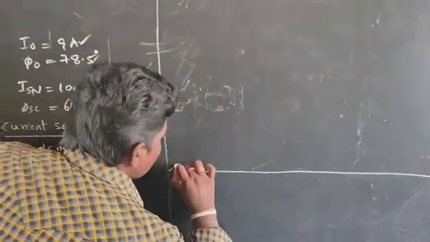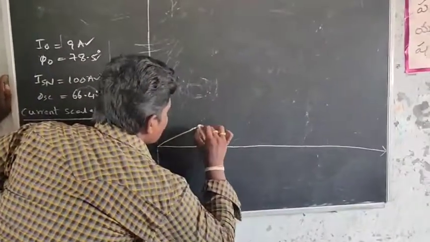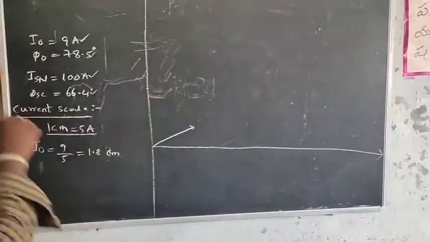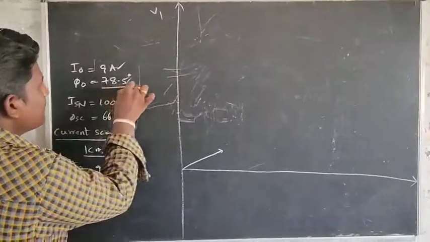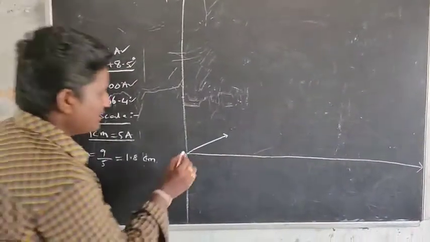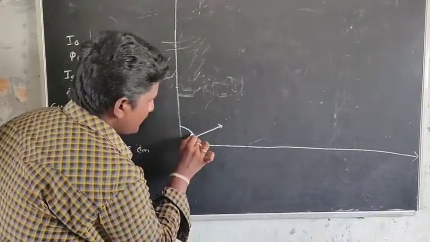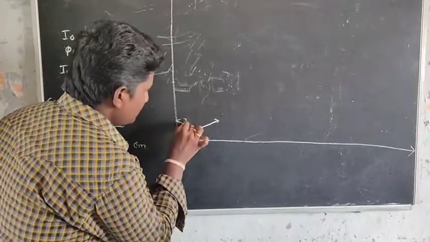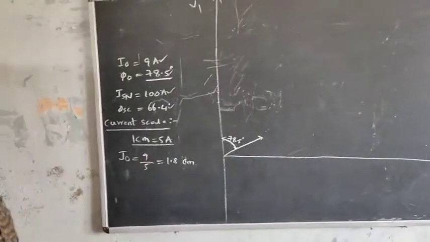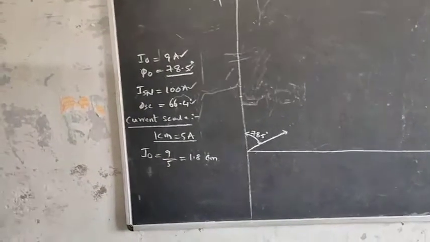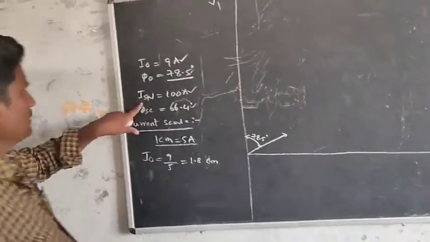Draw 1.8 centimeter with an angle of 78.5 degrees. After that is Isn.